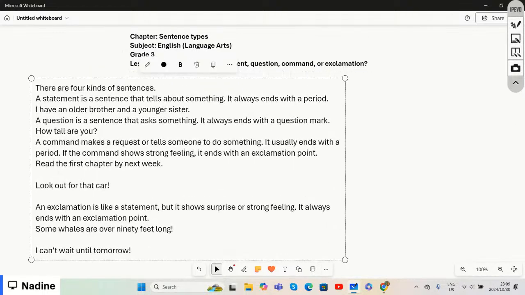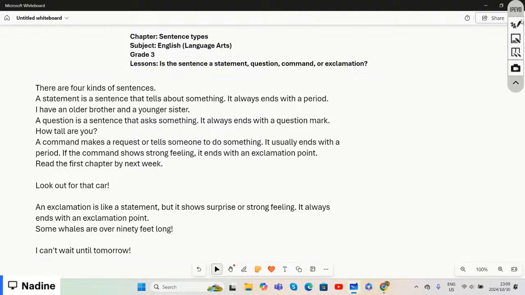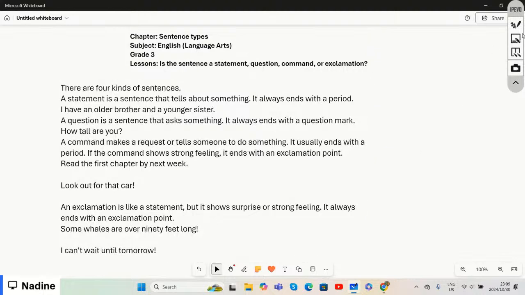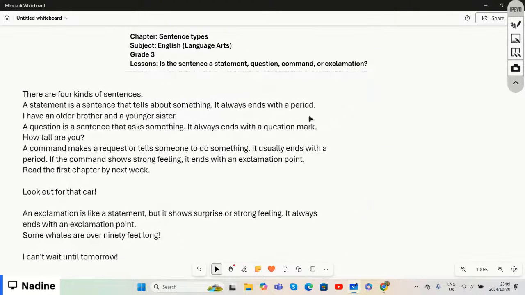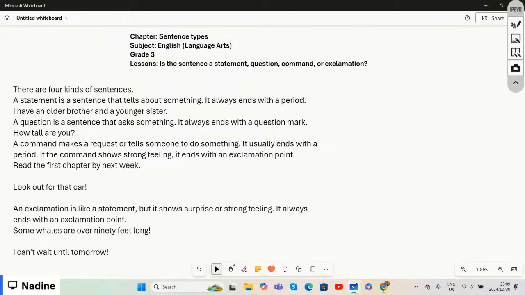So we have four different types of sentences: a statement, an exclamation, a question, and a command. Let's say, for example, you are asking someone, "What is your name?" That is you asking a question because you expect an answer in return.